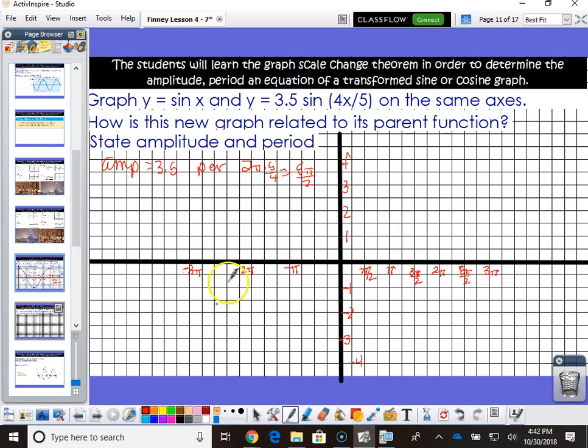Okay, so let's start by graphing our sine curve. So sine starts at 0. The sine of pi over 2 is 1. The sine of pi is 0. The sine of 3 pi over 2 is negative 1. The sine of 2 pi is 0.